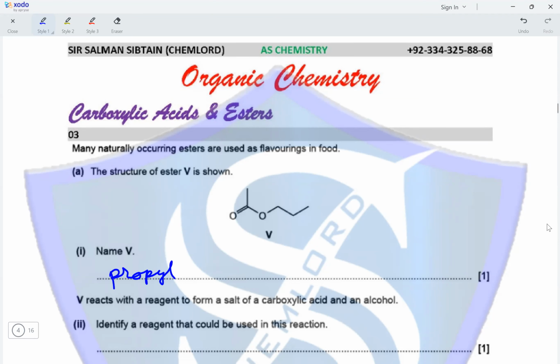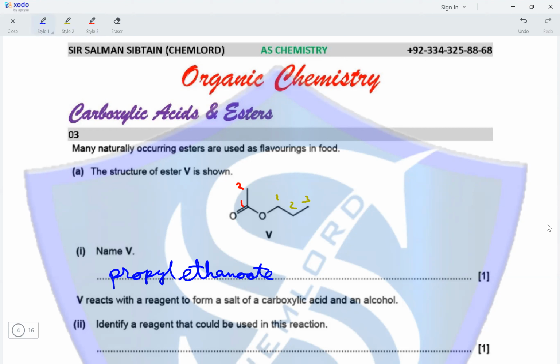And on the acidic side, we've got two carbon atoms, so propyl ethanoate. One, two, three makes it propyl, and one and two makes it ethanoate.